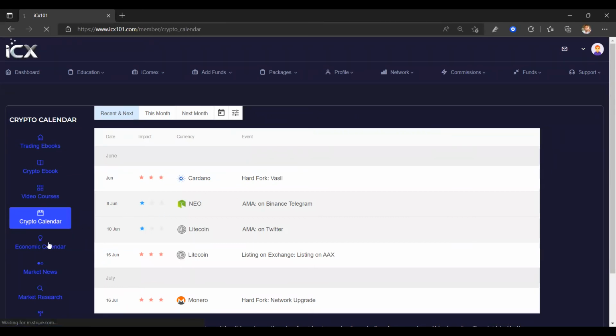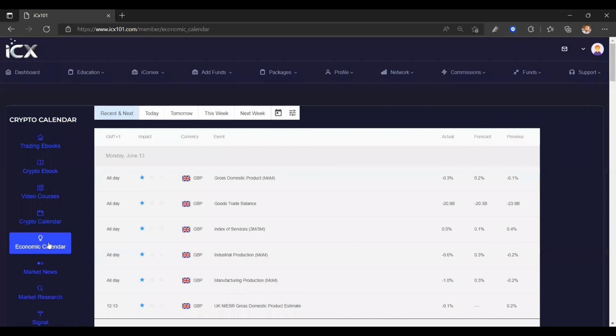Then we have the currency calendar. There is no impromptu event that happens in trading, apart from maybe speculation or breaking news. Anything that happens in the trading industry has its calendar.